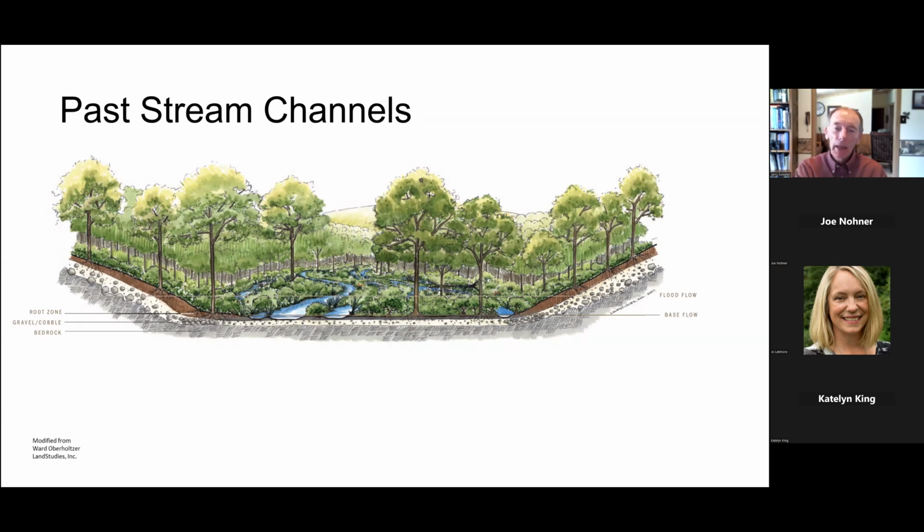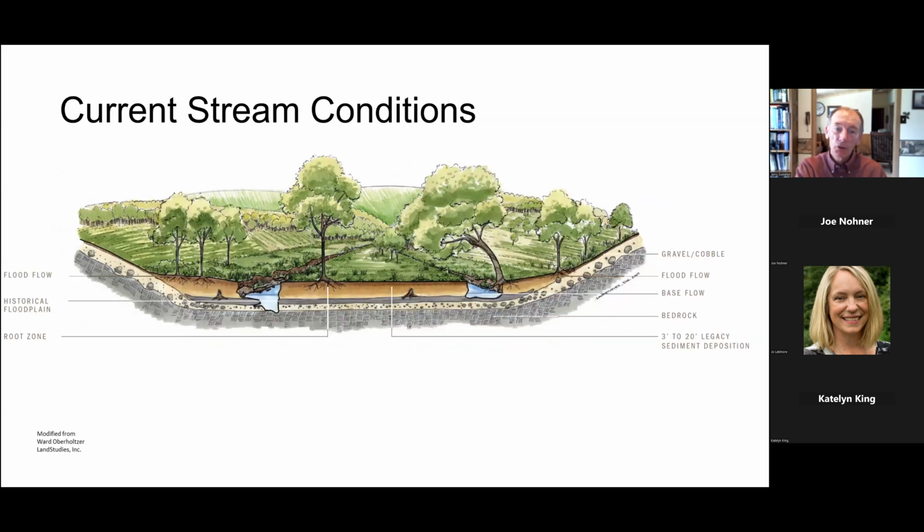What's happened as forests have been cleared in land development, especially for agricultural purposes, is that we've changed the hydrology of these streams and we've combined them. And this is being generous to say that there's two streams like this draining an area. Typically in our part of the world, there might be one, and it's a deeply incised ditch. And then you see the soil that has been deposited in the lower part of this valley, and it completely changes the hydrology and the morphology of the streams.